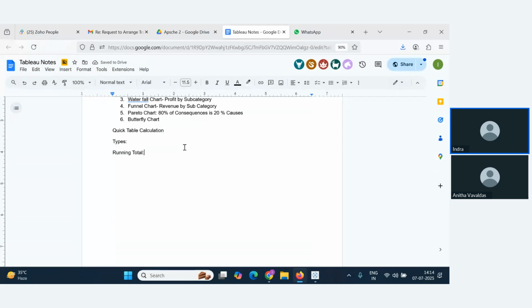See, guys, running total computes the cumulative sum of the measure over the dimension. It shows how the value gets accumulated over time or across the categories. Let me write it down here. First one, running total: it calculates the cumulative sum of a measure over a dimension. Let's see one example.